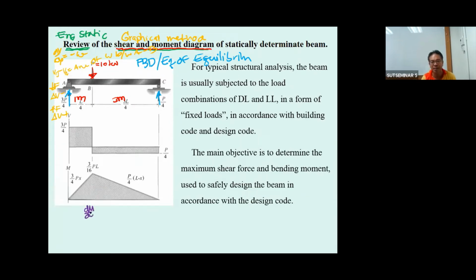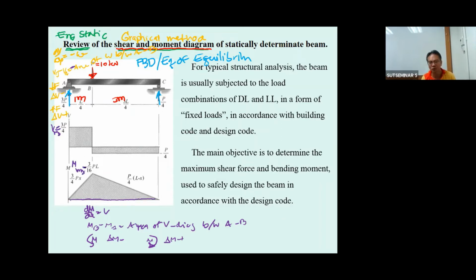For example, dM/dx equal to V, and M sub B minus M sub A equal to the area of the V diagram between A to B. If you have the moment counterclockwise, the delta M is negative. If you have the M in the clockwise direction, the delta M is positive. So you can draw this moment diagram.